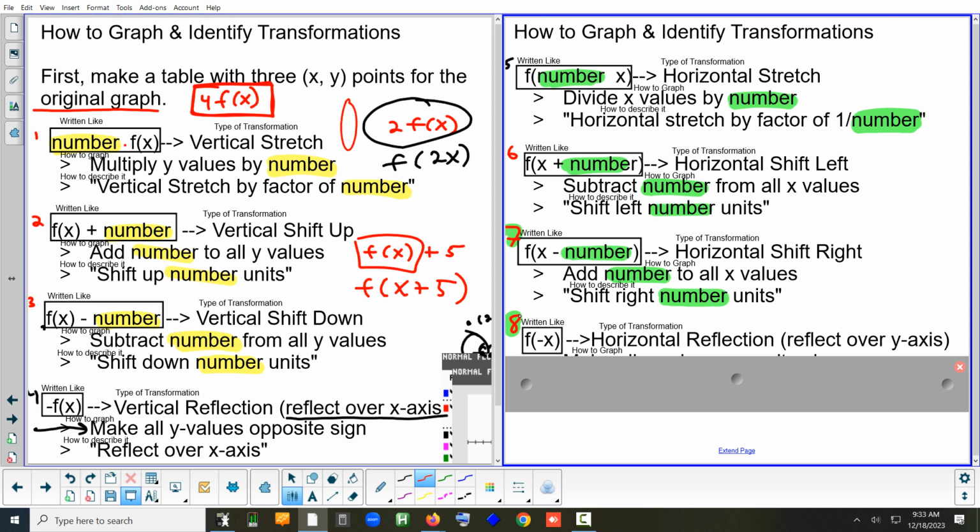Is it inside the parentheses? Or is it in front? If it's inside, that's a horizontal reflection. When we did a reflection before, we had to make all the y values the opposite. Well, now we have to make all the x values the opposite.